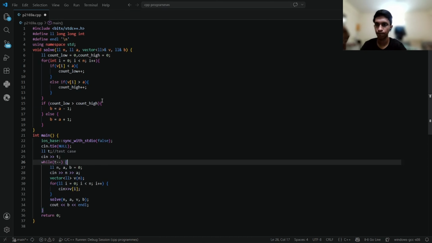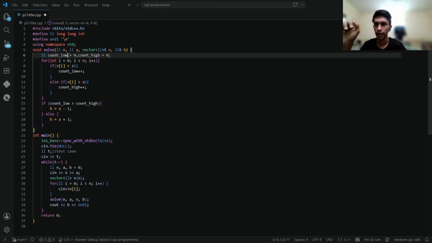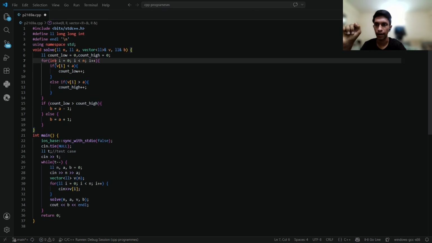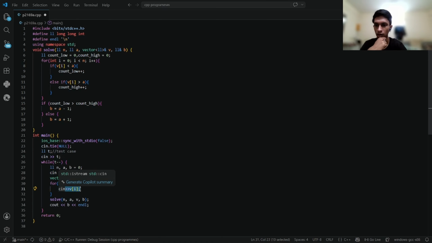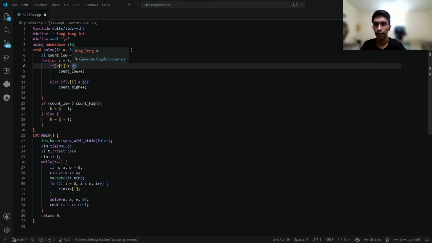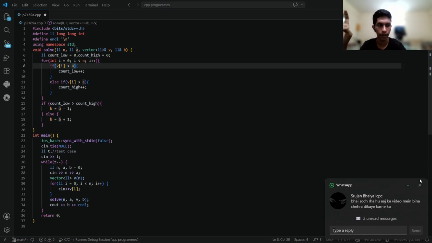So let's see the exact logic that we have done here. I've taken lower count and higher count. I've started an iteration and I'm comparing Alice's point, which is A, to all the points inside the vector, which means I'm comparing Alice's point to all the integers written on the marbles.